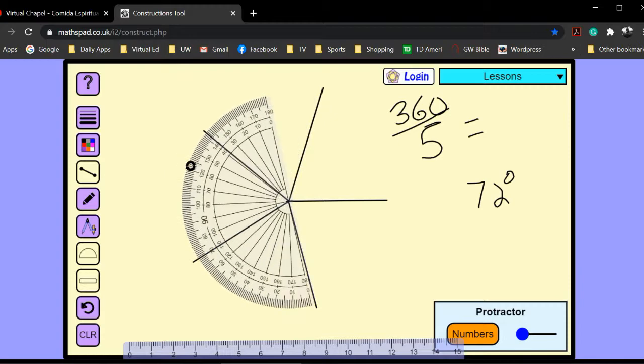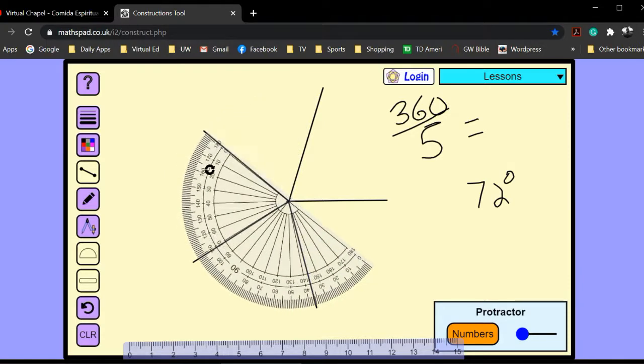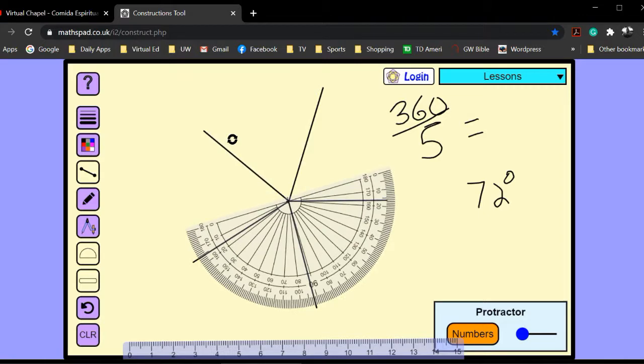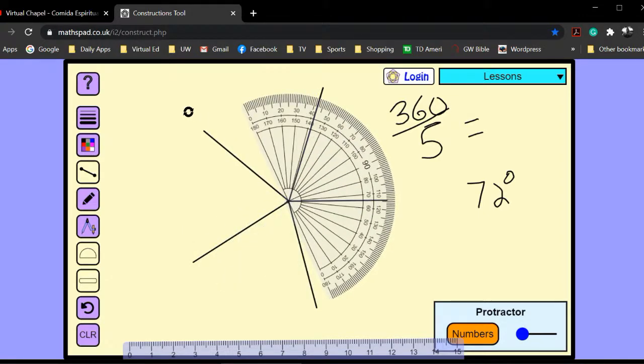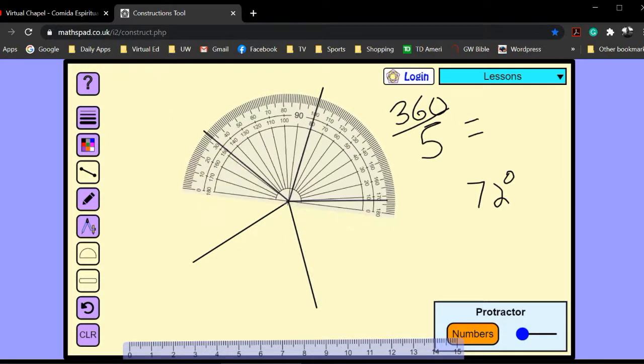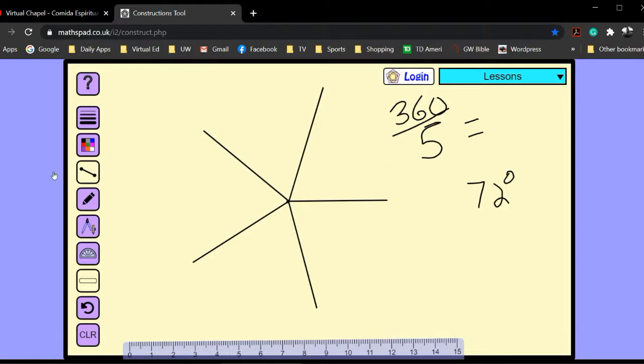So then I went to this one, and this one, and I just worked my way around, and I put every angle at 72 degrees. Some of them aren't perfect, but they're close.